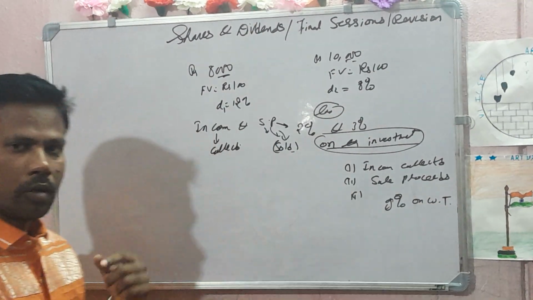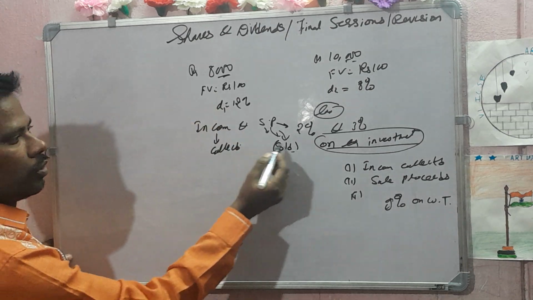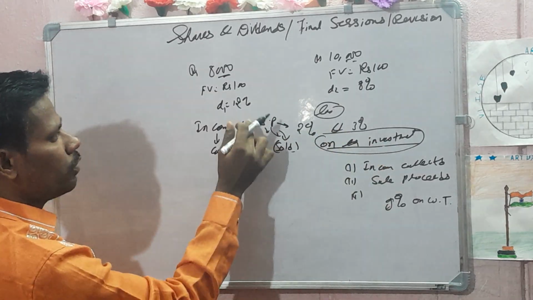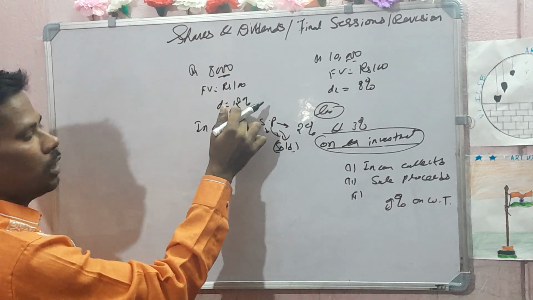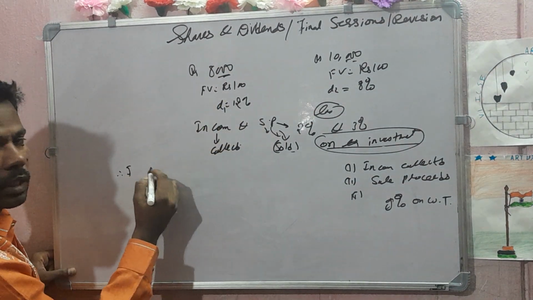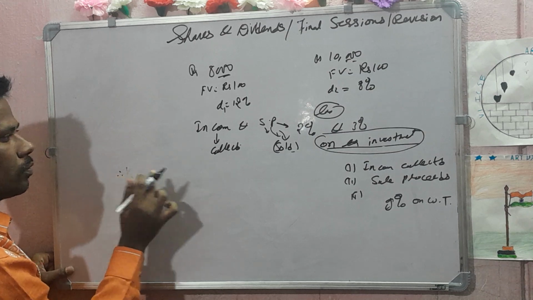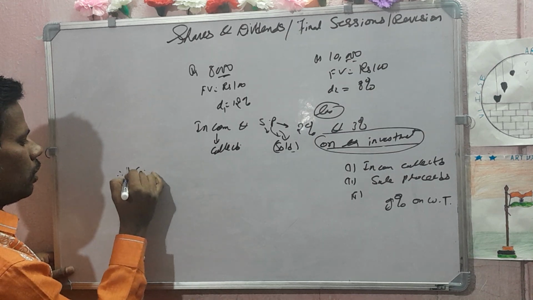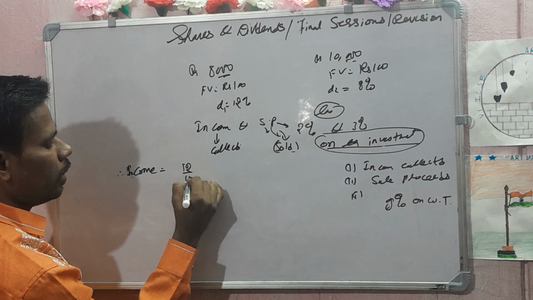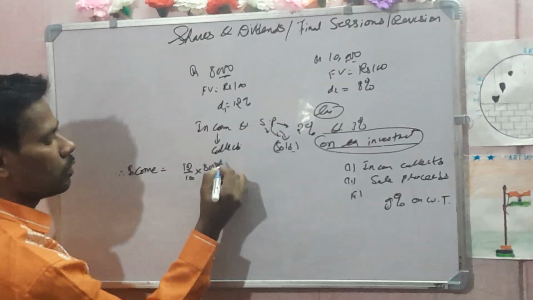So how to do this? Here the income, dividend, is collected on the investment. Investment is 8,000, dividend is 12%. Therefore, income is equal to 12 by 100 into 8,000.